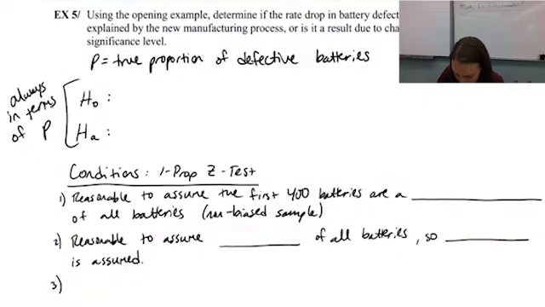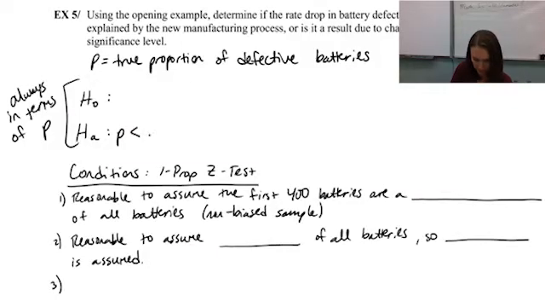So I'm just going to make a little note to myself, and this isn't really part of the problem. It's just part of our thought process. So their claim is that their new P is less than 20%. So their proportion of defective batteries is less than 20% is their claim. Because that doesn't include an equals 20%, it's going to go in the alternate hypothesis.